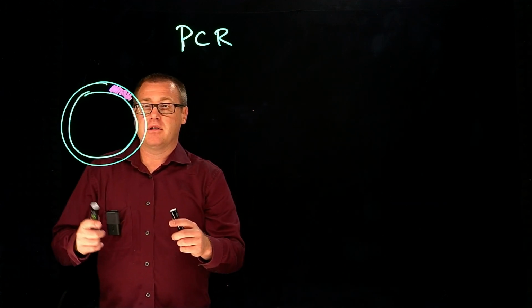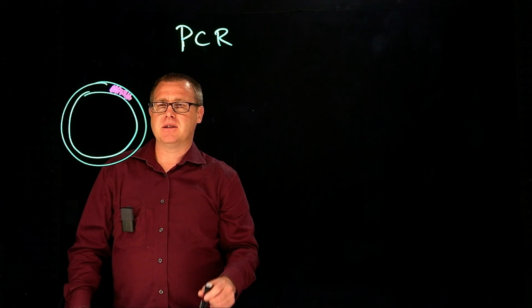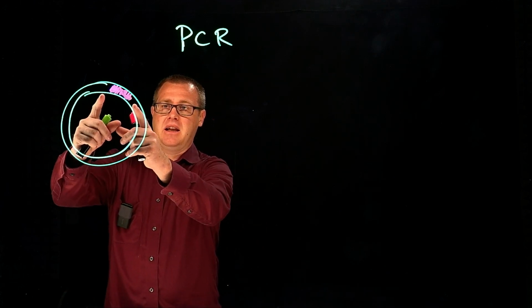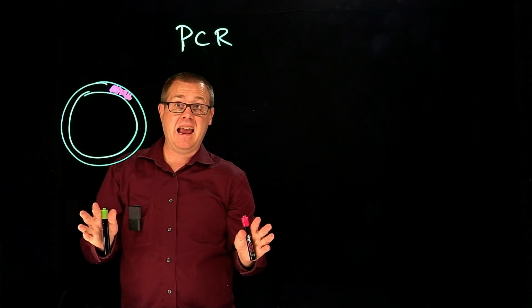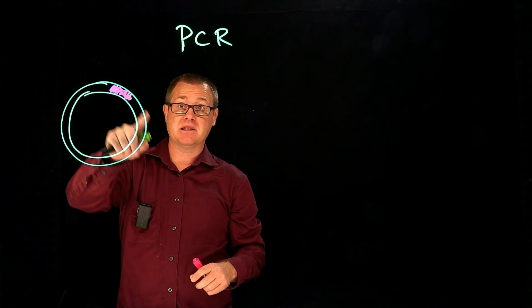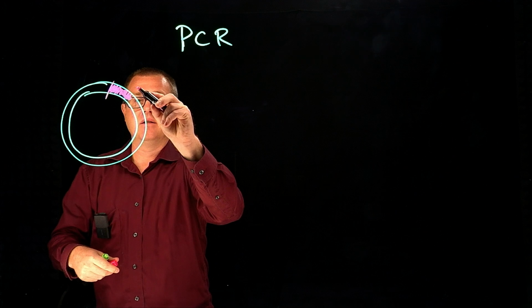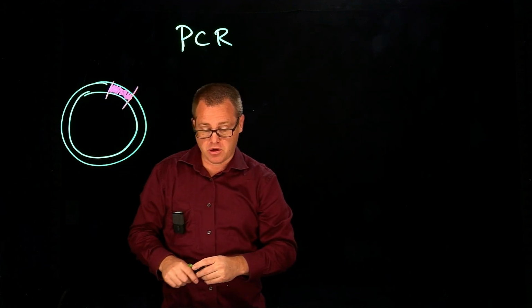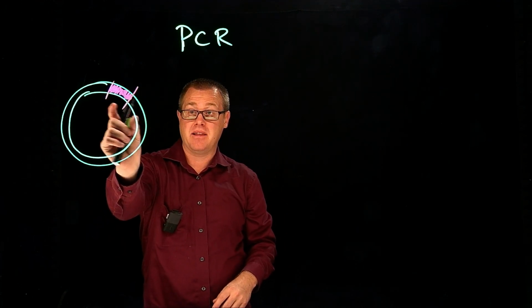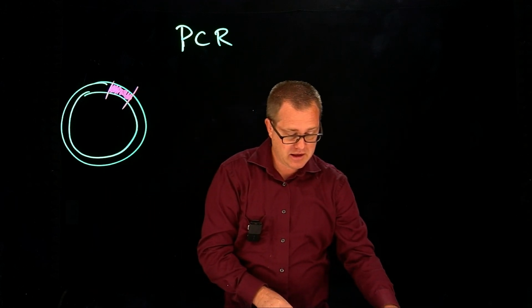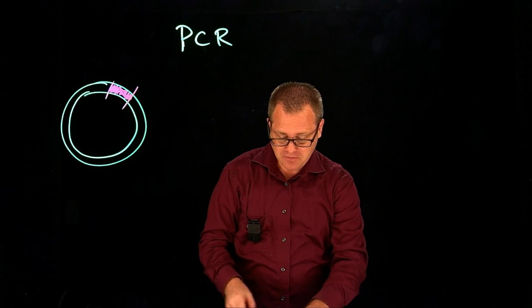There are certain scenarios in which I need to replicate the DNA, not the entire plasmid, just this little segment right here. So we're going to zoom in on that section and look at it like this.